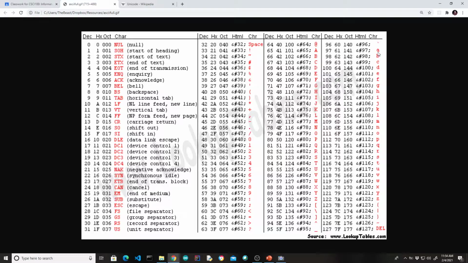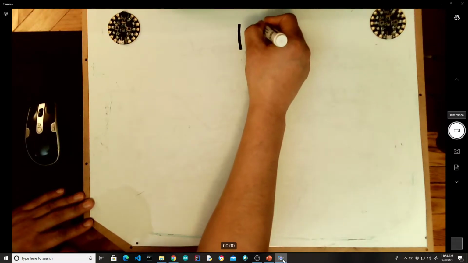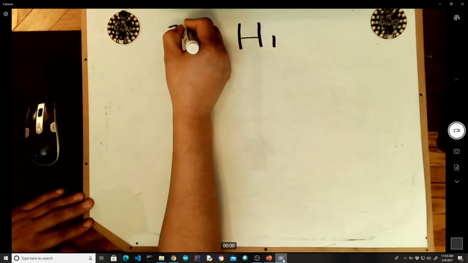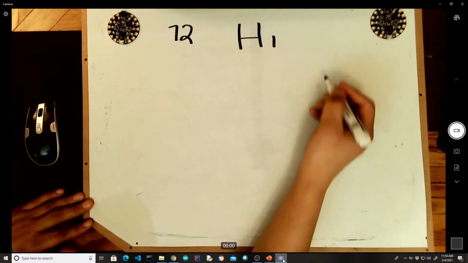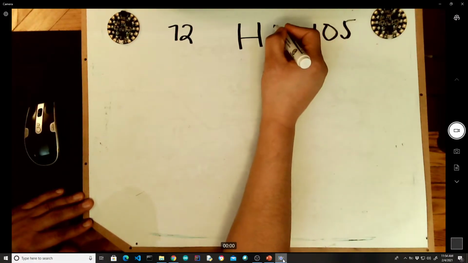Let's write the word hi, which requires us to translate into binary the number 72 for a capital H and 105 for the lowercase i. This is our goal for this video.